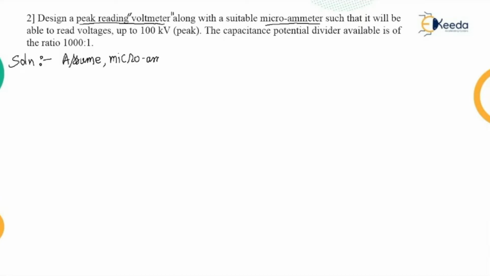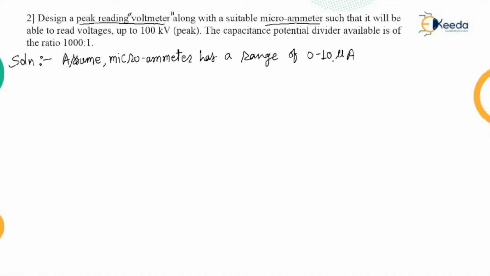This microammeter has a range of 0 to 10 microampere. While connecting this kind of ammeter, 0 becomes the common point and 10 microampere is the maximum scale that can be shown on the meter.